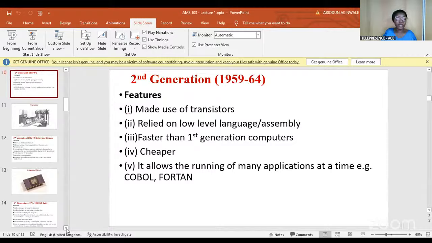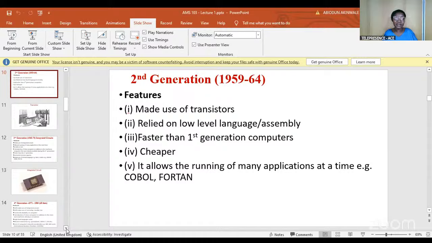And then for the second generation, you have it spanning between all the computers that we have made between 1959 to 1964.